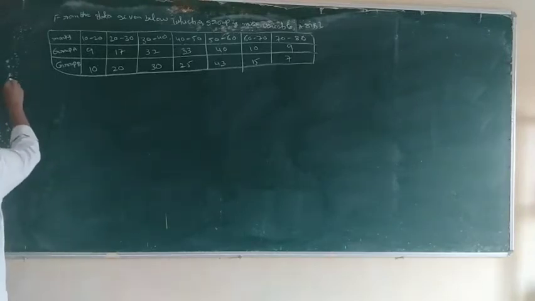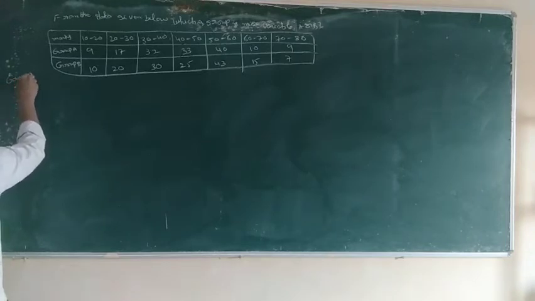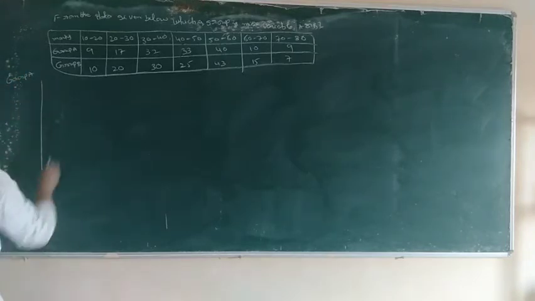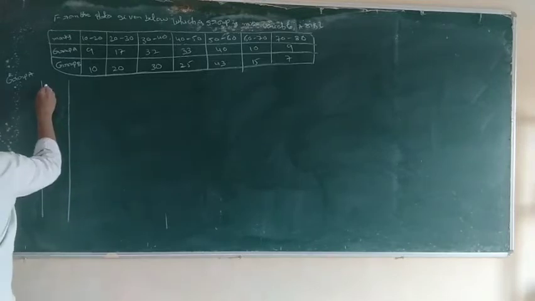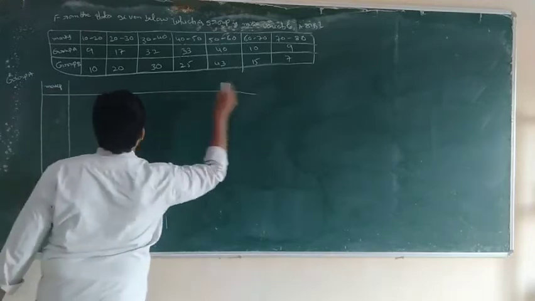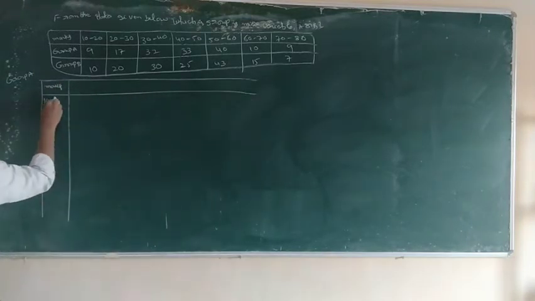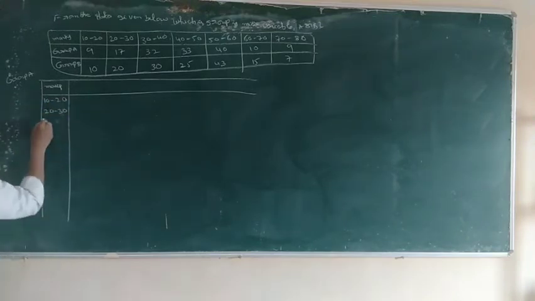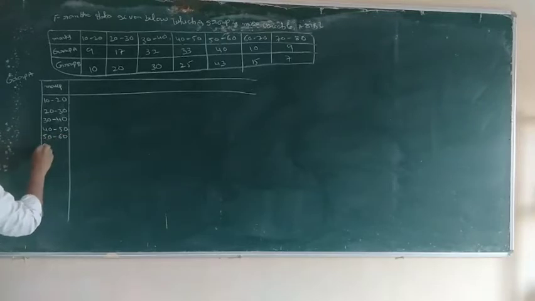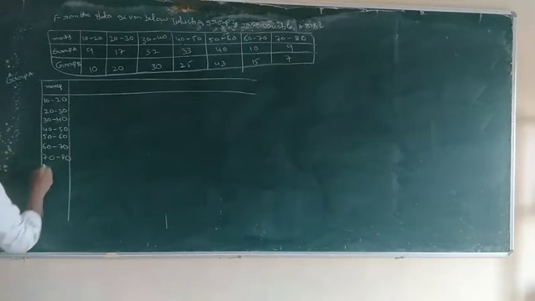First group A. Marks: 10 to 20, 20 to 30, 30 to 40, 40 to 50, 50 to 60, 60 to 70, 70 to 80.